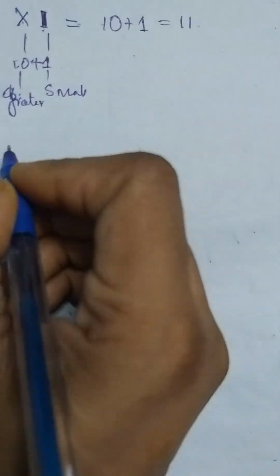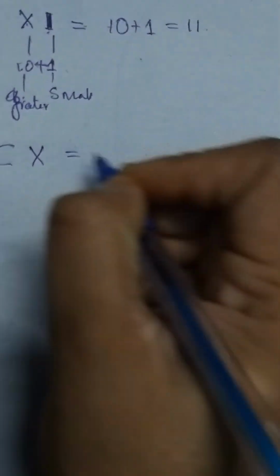Children, you make the mistake here: the value of the smaller numeral placed to the right is added to the greater numeral, so 1 plus X value 10 is 11.